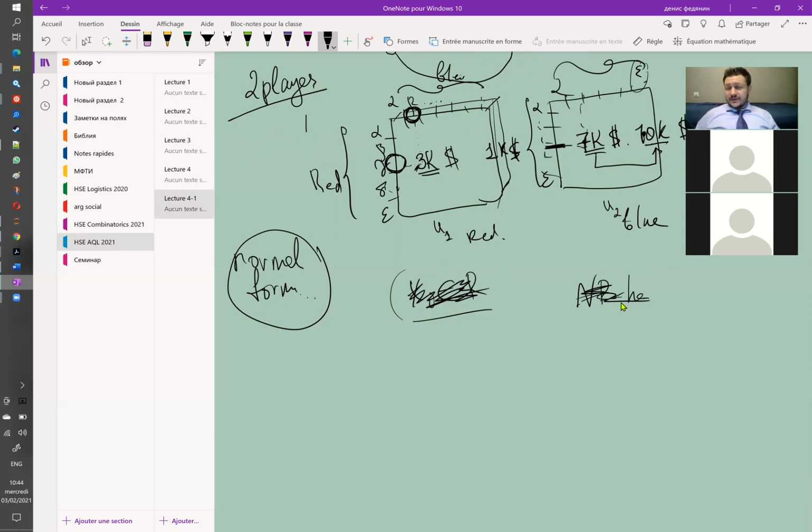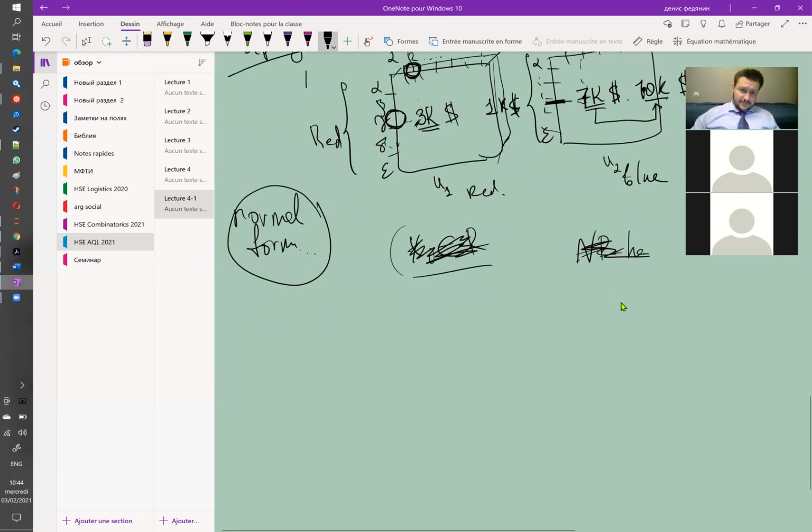What if we have allowed several shops for the player? In this case, strategy for everyone is not just alpha or beta. For example, if red player is allowed to place 3 shops, then it's very intuitive.